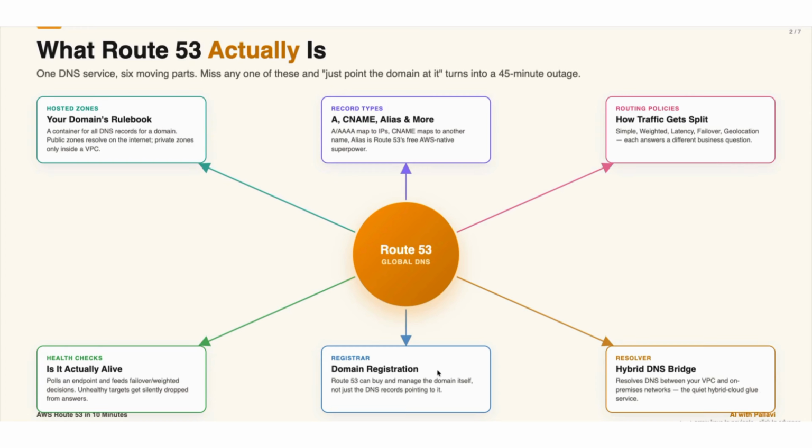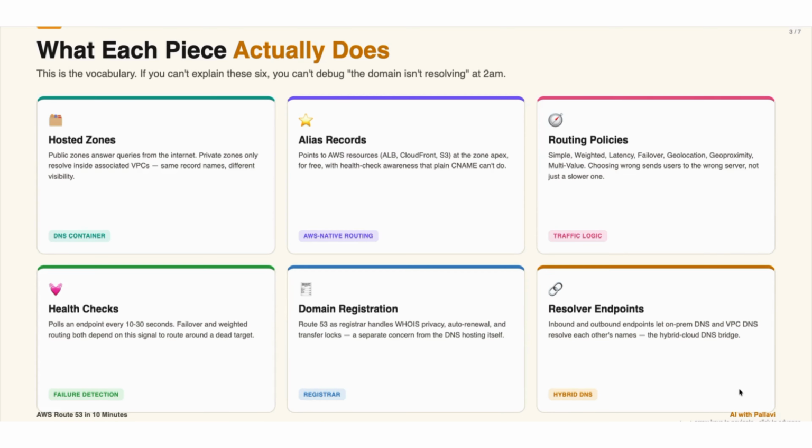You don't have to configure them yourself, and it ensures that there is always a name server which is alive. Domain registration. You're looking for a new domain, go and check that out in Route 53 with a minimal fee. It helps you to get a new domain. And hybrid DNS bridge. This resolves DNS between your VPC and your on-premise network as well. We'll cover that in a bit.